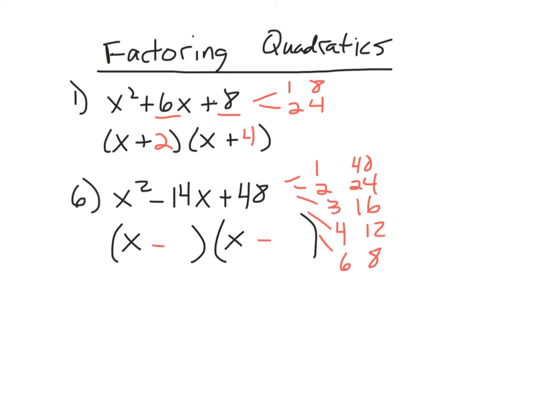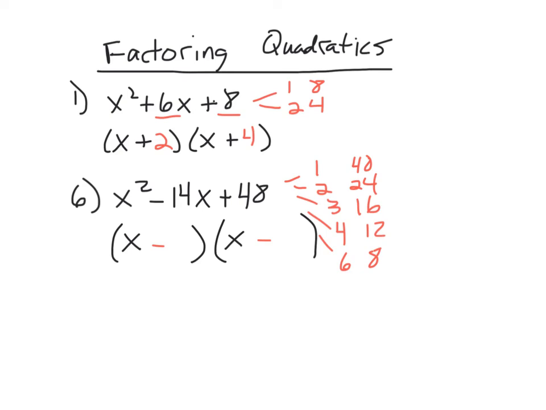If I have a negative times a negative, that would give me a positive last term. And then if I add a negative and a negative, that gives me this negative. So what I'm looking for are factors that multiply to 48, but when added, give me 14.